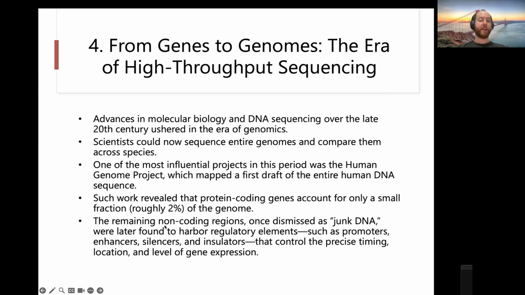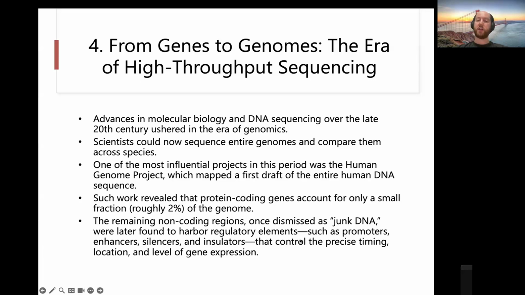And there's a large amount of non-protein coding regions, which actually were once dismissed as junk DNA. So it was thought that these regions were not important. This was mostly junk. Now, later on, it was found that these regions actually contain regulatory elements. So, for example, promoters, enhancers, silencers, insulators.